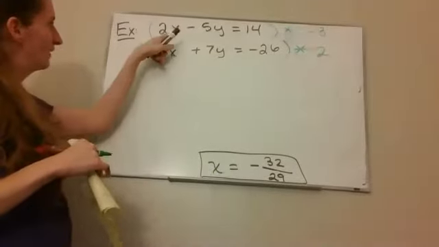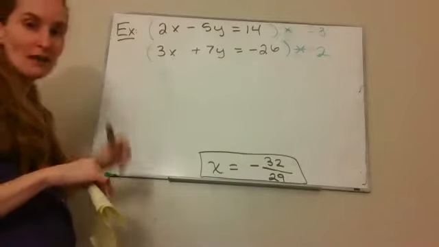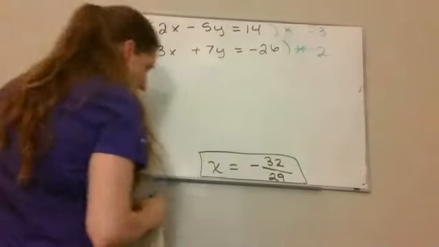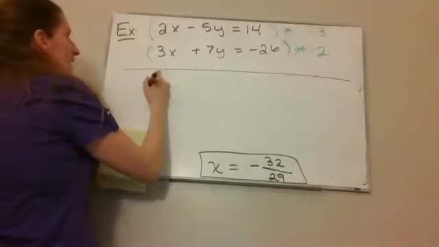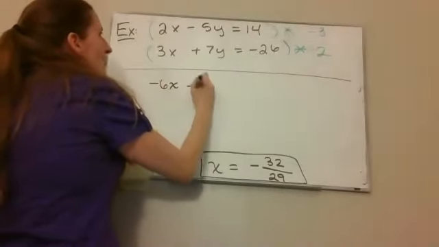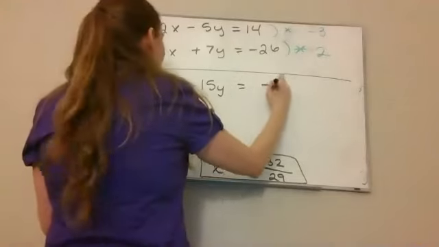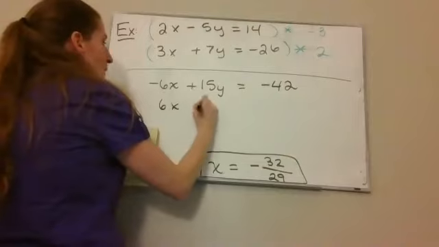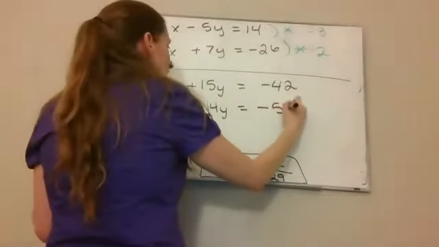That will make this x term into negative 6x and this one into positive 6x. So when I multiply everything out, we get negative 6x plus 15y is equal to negative 42, and positive 6x plus 14y is equal to negative 52.